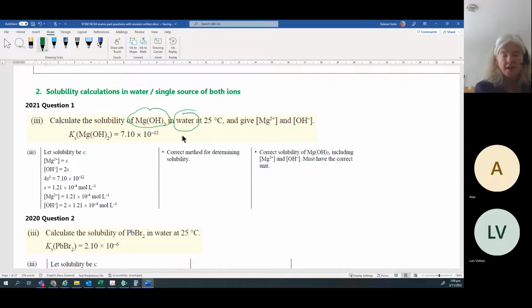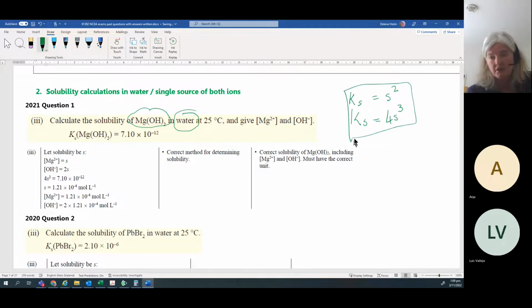Now, if you've got that, then this is a simple equation thing, and you can use the formulae that are given in the resource booklet of Ks is equal to S squared and Ks is equal to 4S cubed. So you can only use these formulae when it is a pure substance in water. There's no other substance mentioned at all.